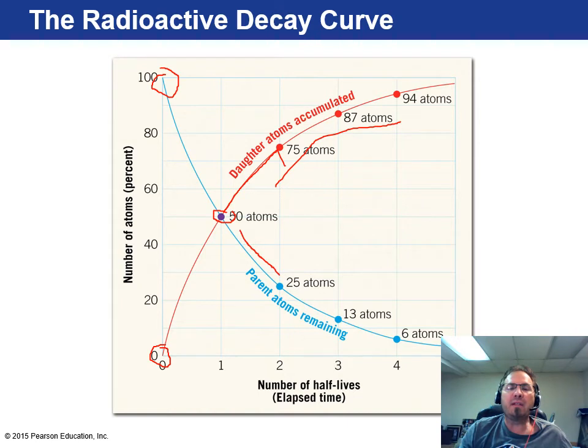When you take a piece of rock, and this is not easy to do, what you're looking at is the ratio between what's left over and what's still there. That gives you an idea of where that particular rock is in terms of its half-life. And once you have that, you can get a good idea of what the actual date is, like I said, within 100,000 to a million years.